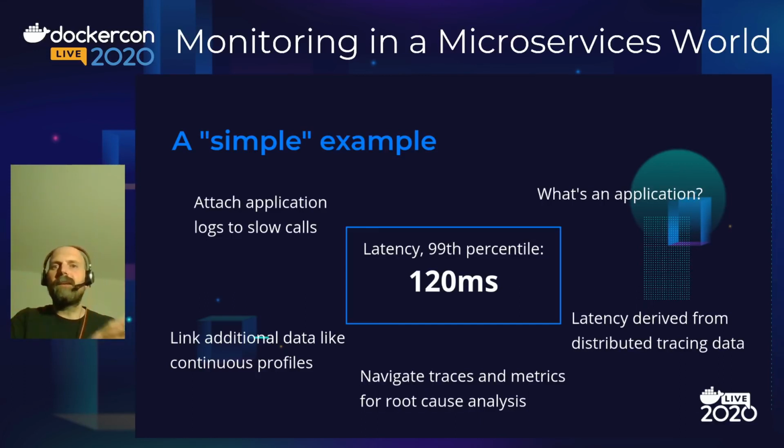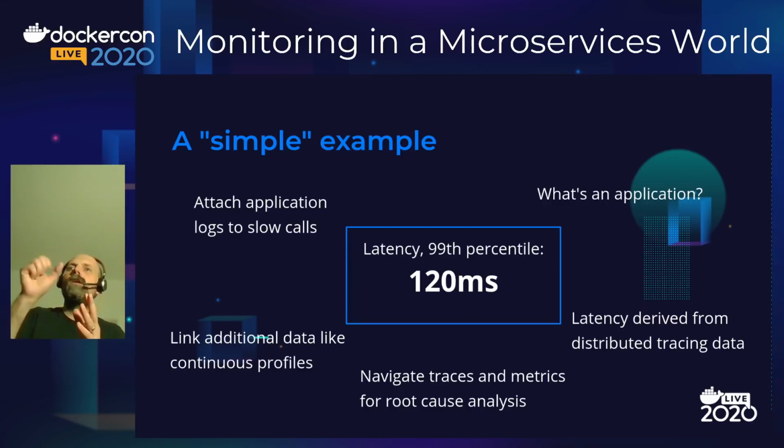So tracing and metrics are not independent of each other. And there's another reason why they are not independent of each other, because if this number is too high, if you say, wow, 120 milliseconds, I'm expecting 60 milliseconds here, so let's have a look at what happens, then you want to click on this thing and see example calls that took those 120 milliseconds, and then you want to click on them and see the associated traces, right?